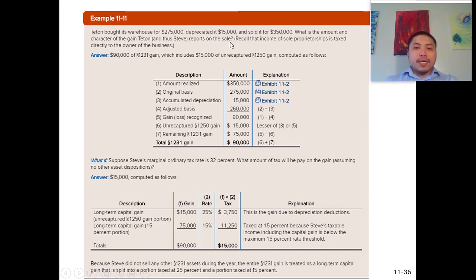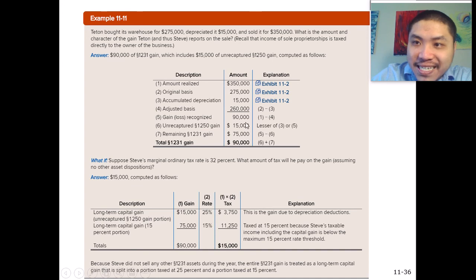Again, we can easily calculate the adjusted basis and the recognized gain, which is still $90,000 of recognized gain. And we have $50,000 of accumulated depreciation.